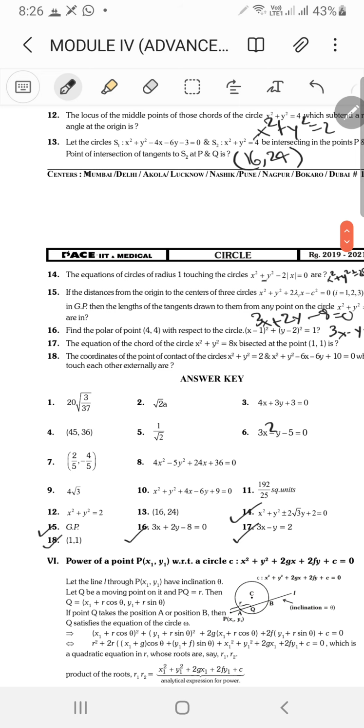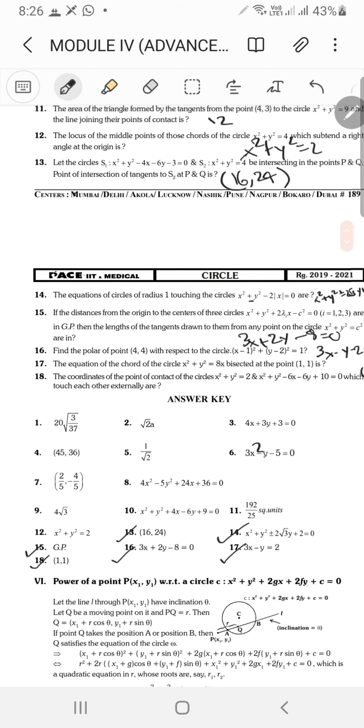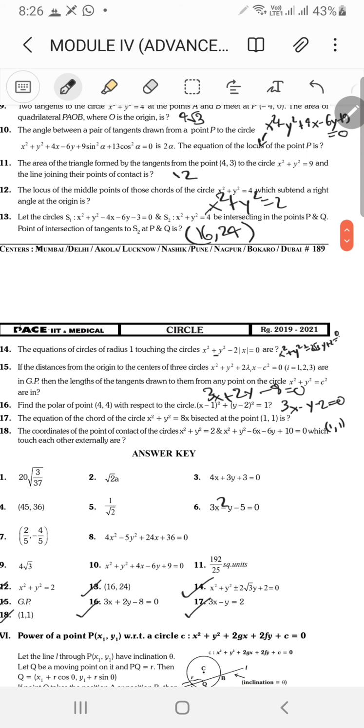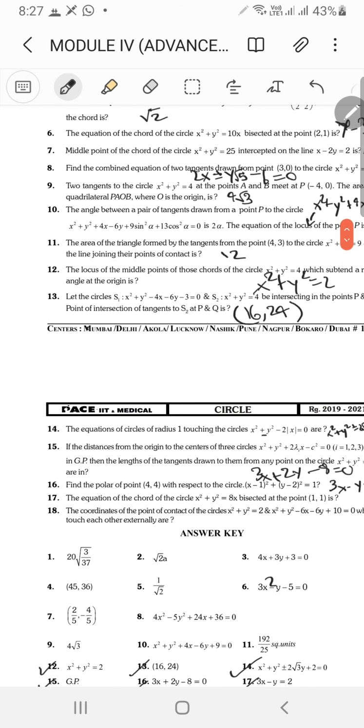13th, (16, 24). 12, yes, correct. And then 11. Wait, 192.25 square units. What? Tangents from the point to the circle and the line joining them. Oh wait. Oh, okay.